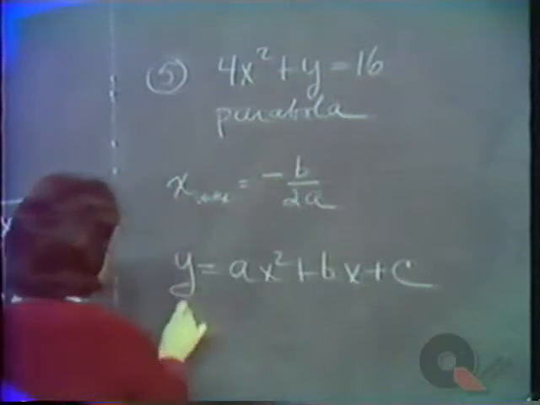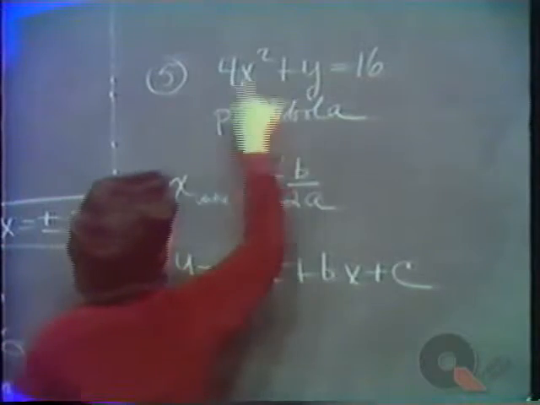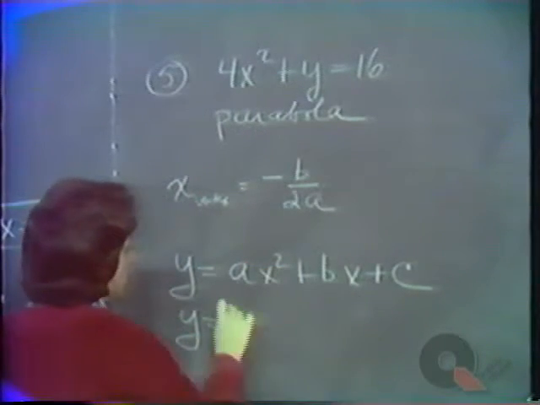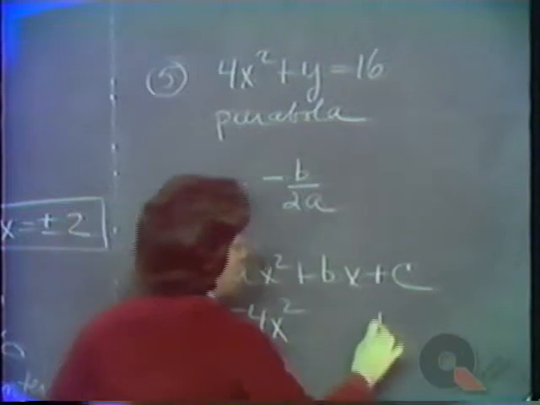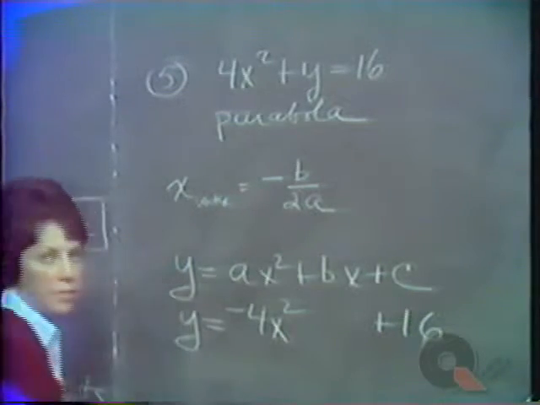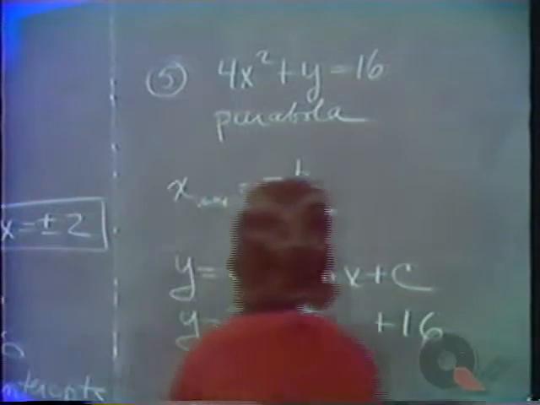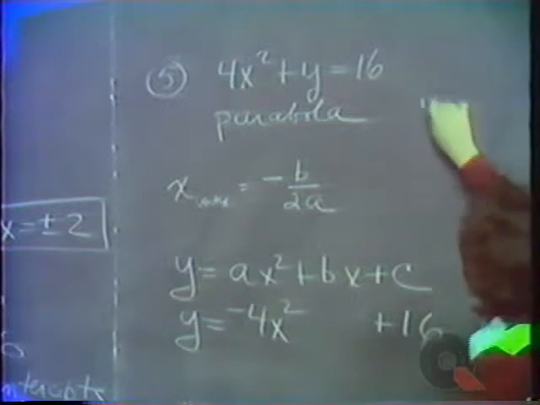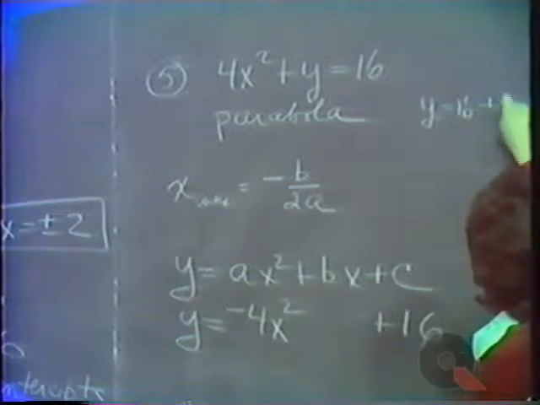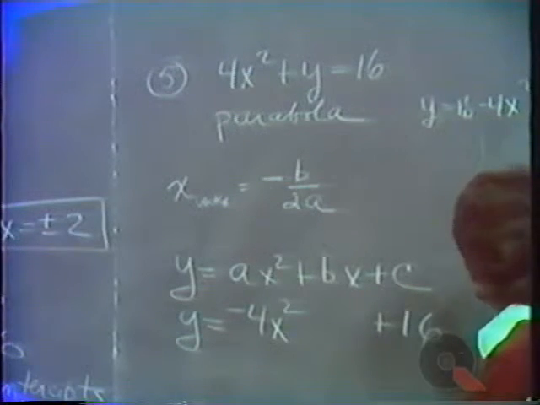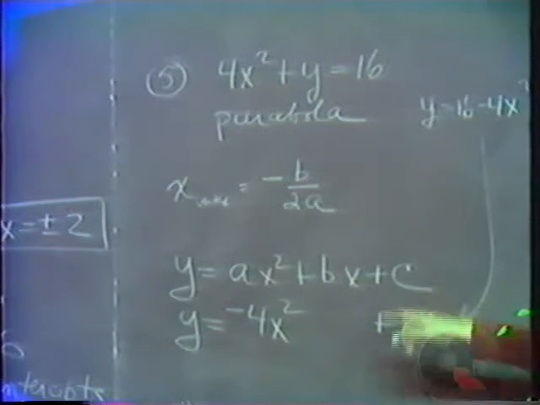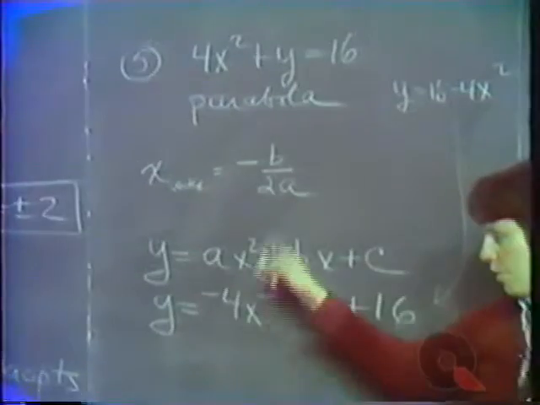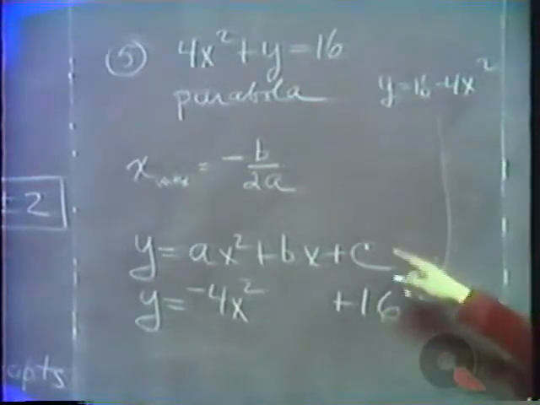We'd have to solve for y. Y is equal to, transposing the 4x squared, minus 4x squared plus 16. All I did here was subtract 4x squared from both sides, giving me y equals 16 minus 4x squared, and then rewrite it in the form of the x squared part, then the x terms if there are any, and then the constant.